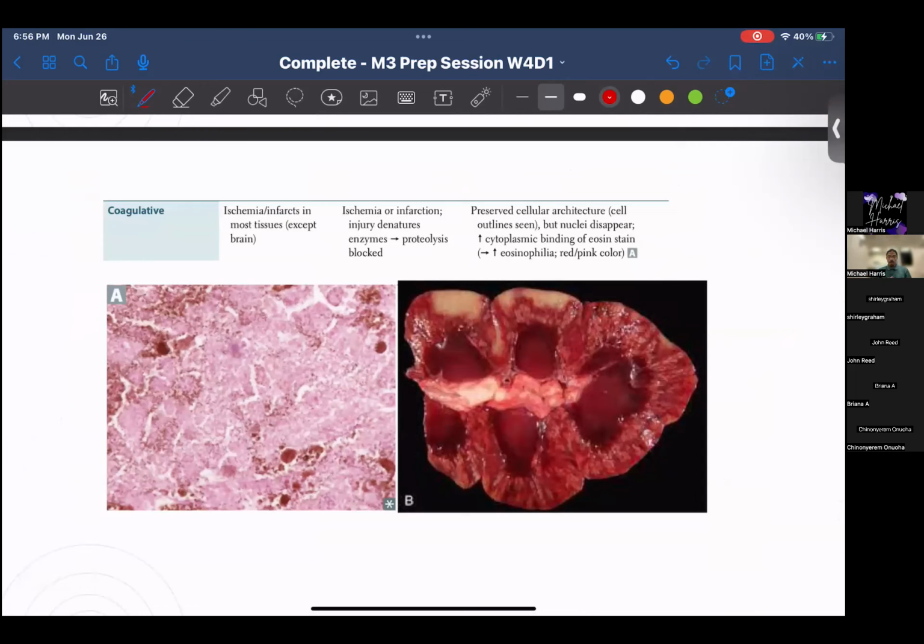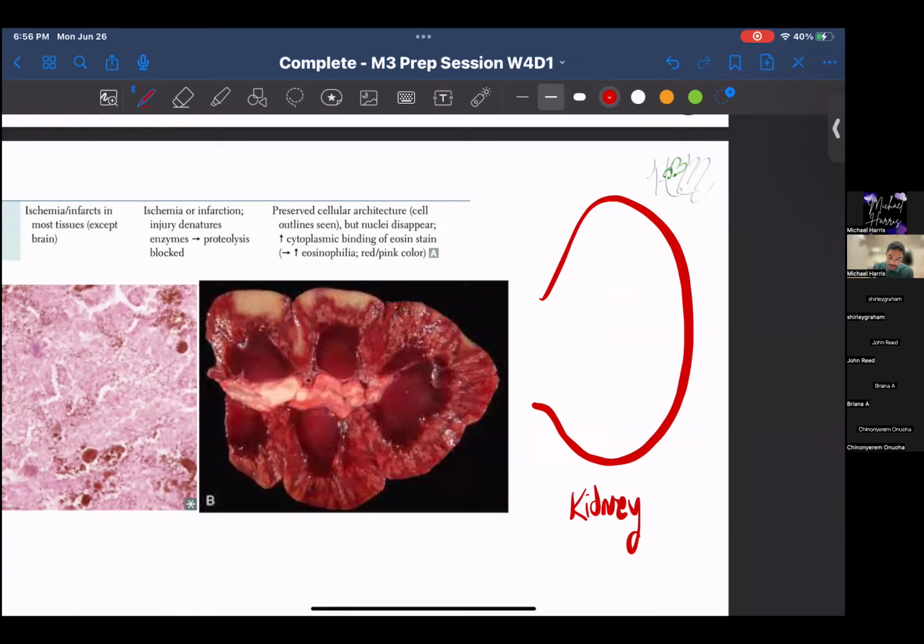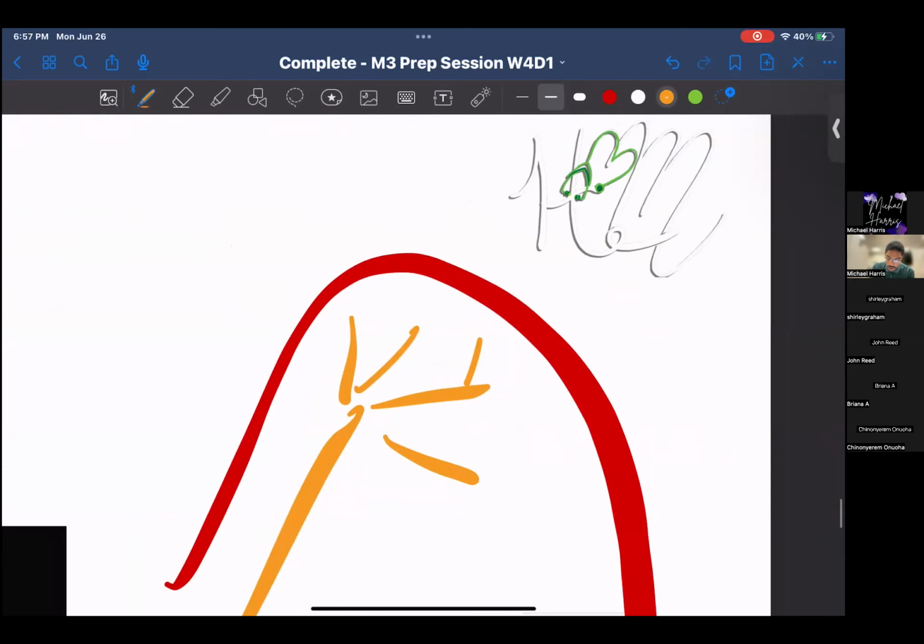Now, coagulative necrosis. This is an example whenever you cut off blood supply to an organ. So let's say this right here is my kidney. Blood comes in via an artery, and it splits and splits and splits till eventually one artery will supply a portion of the tissue.